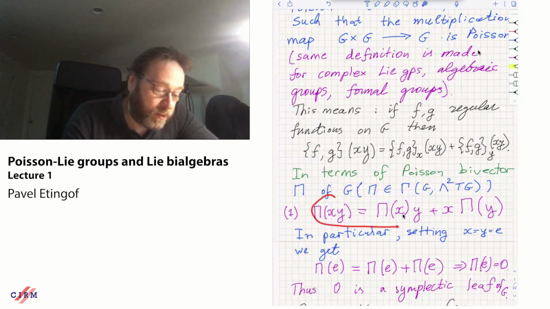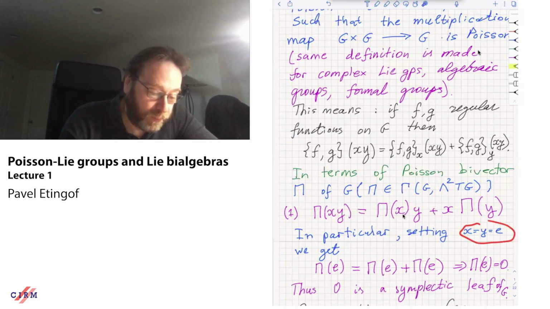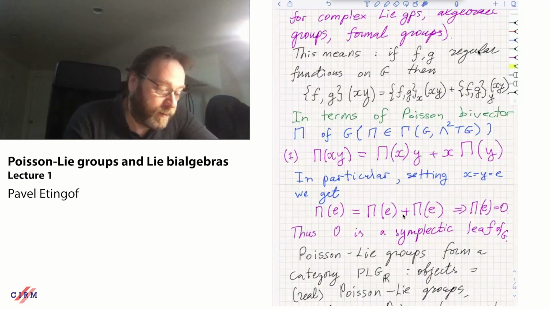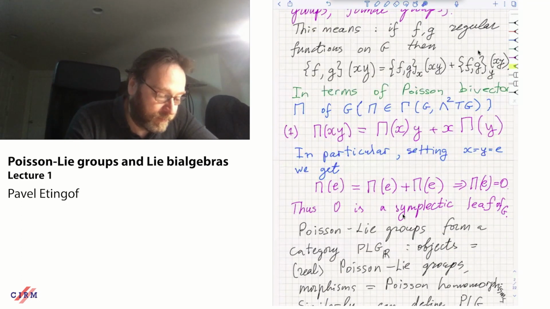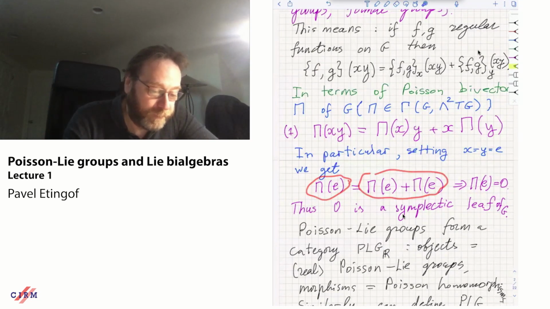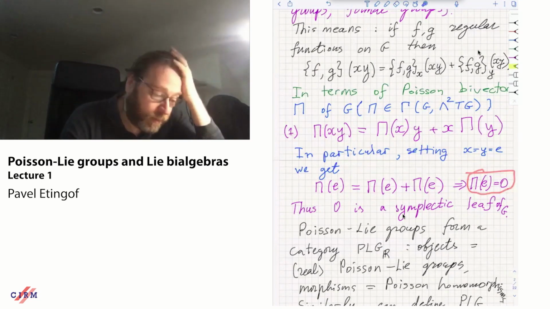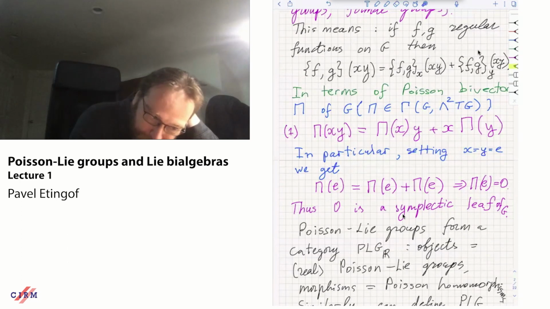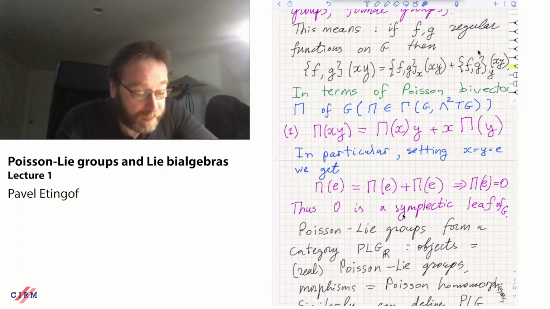So in particular, if we substitute x and y both equal to the unit element e, then we get the equation that pi of e is equal to pi of e plus pi of e, which implies that pi of e is 0. So this means that the Poisson bracket vanishes at the unit of the group.